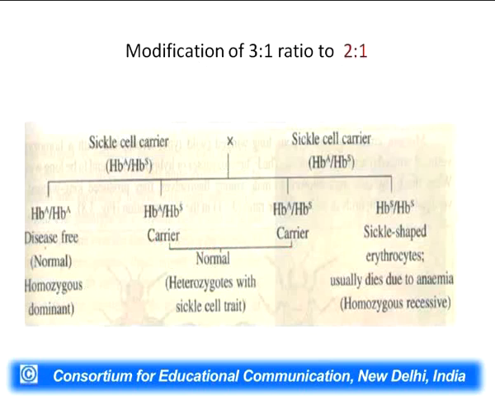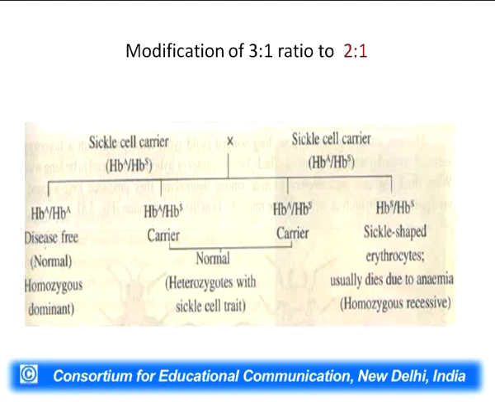If we were to look at a cross, for example, there is a marriage between two sickle cell carriers and their genotype is HbA, HbS. Now, in this type of a marriage, what are the possibilities?